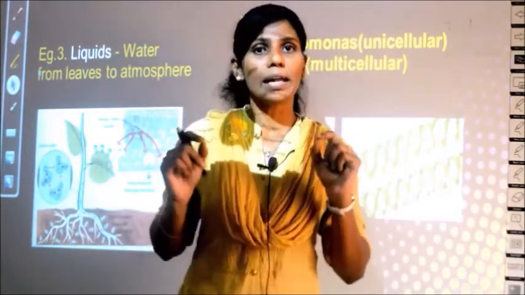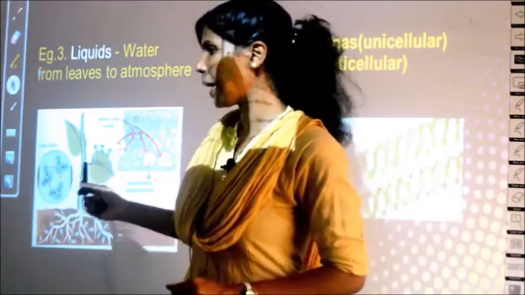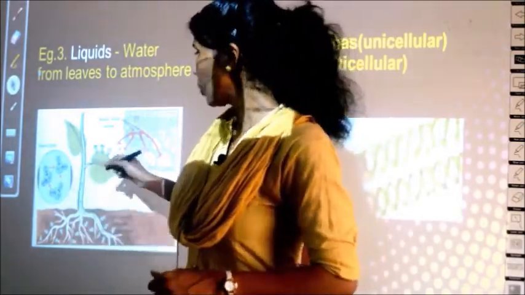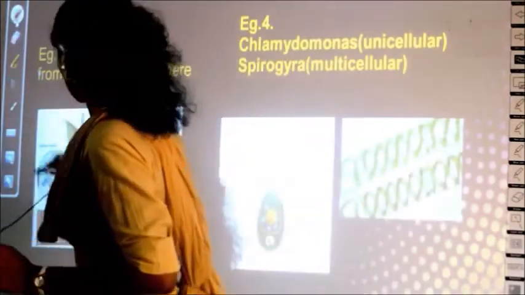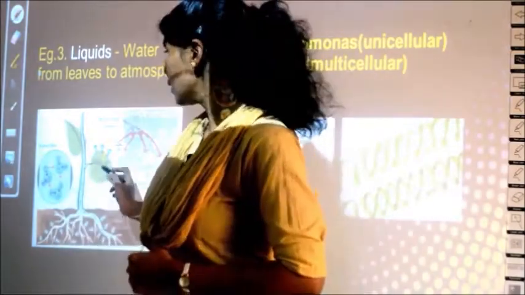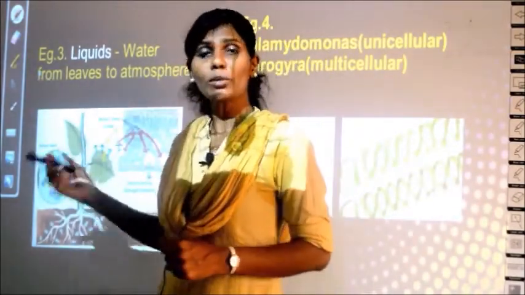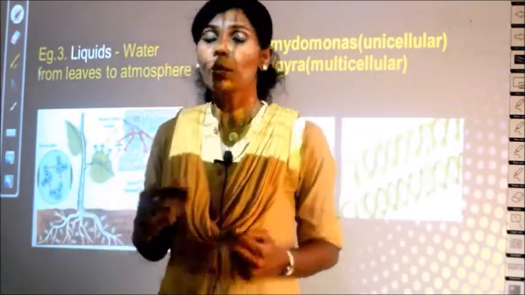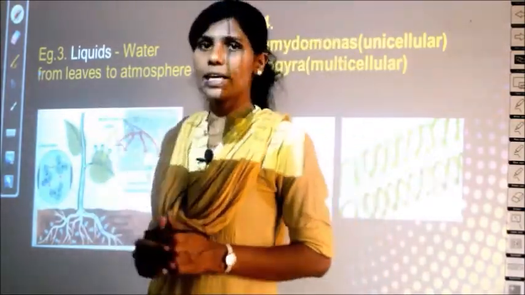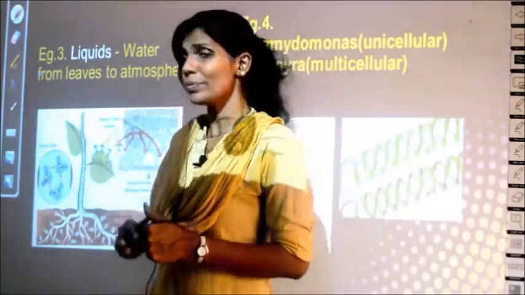Air will have fewer water molecules, the leaf will have more water molecules. So the water will escape from the leaves to the atmosphere. Why? Because the concentration of water molecules in the plant is higher when compared to the concentration of water molecules in the air. So this is the example for liquids.